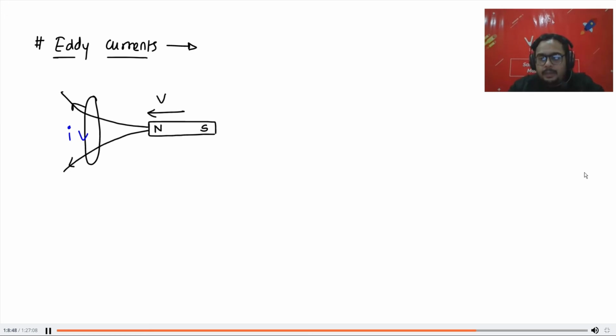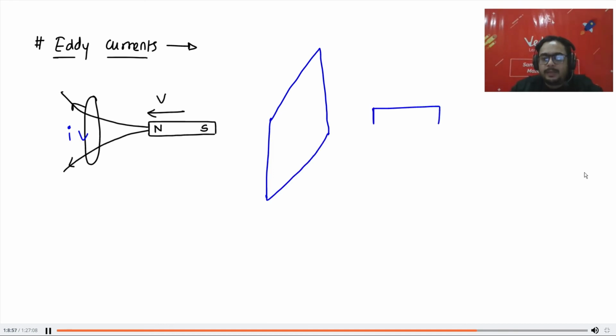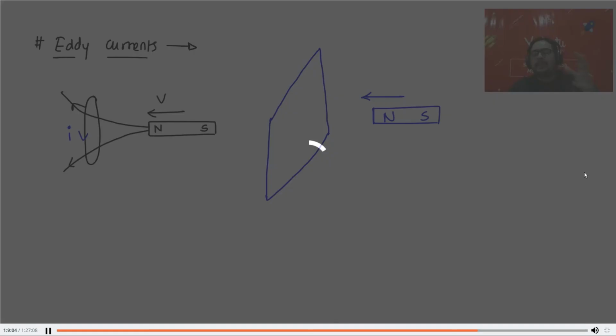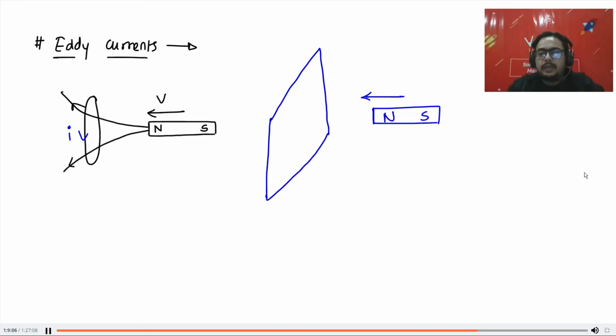Now, what will happen if I have a conducting metal plate? If you have a conducting metal plate and I am moving the magnet, what is going to happen? I have a metal plate and a magnet. Can I say that the metallic plate is made up of various circular loops?